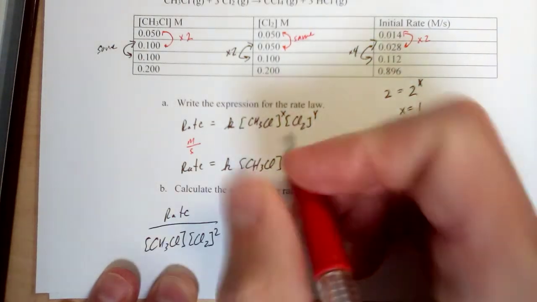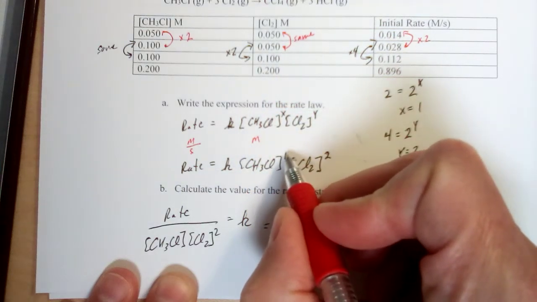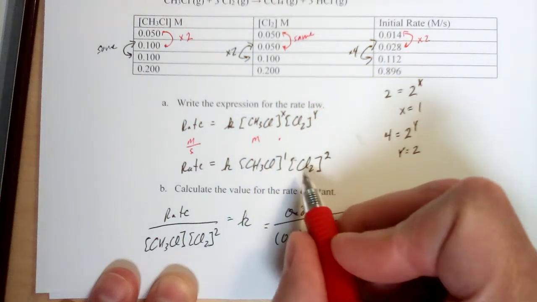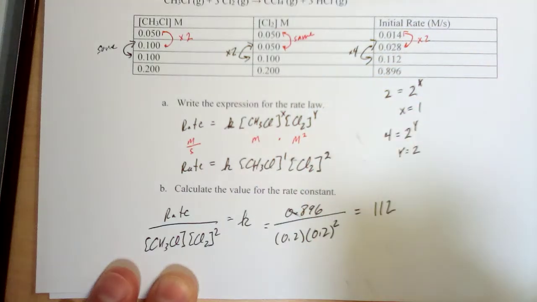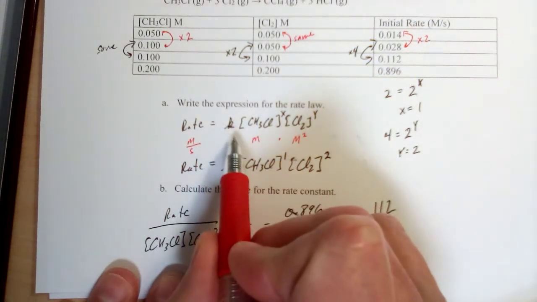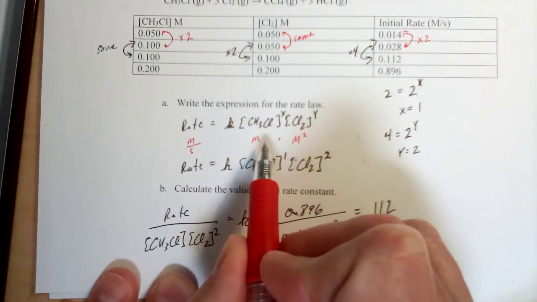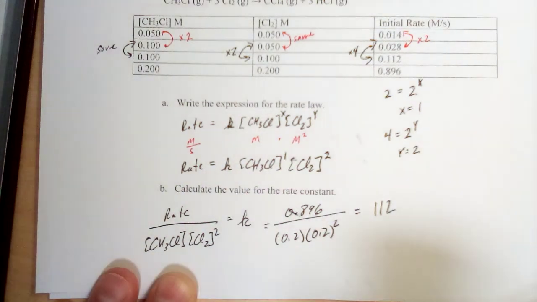Our concentrations here are always in molarity, so the reaction being first order in methyl chloride would be 1 molarity in the units. The reaction being second order in chlorine would introduce molarity twice, or molarity squared. The units on the rate constant have to add to the equation so that both sets of units on the right side and the left side of the equal sign are the same.